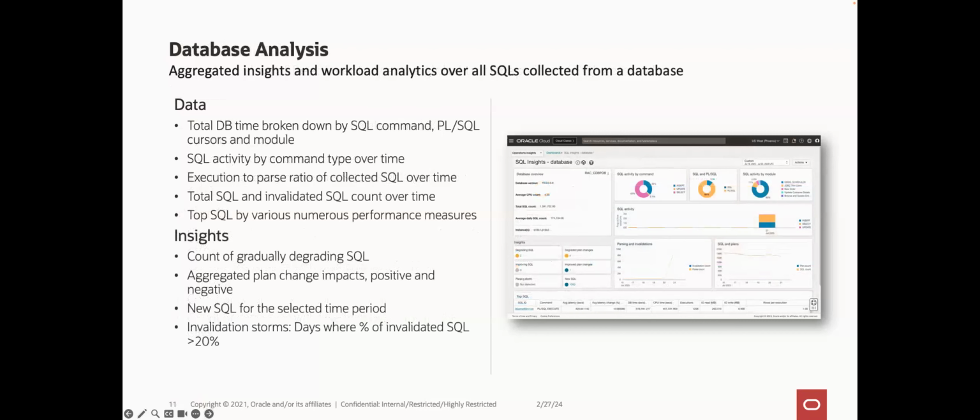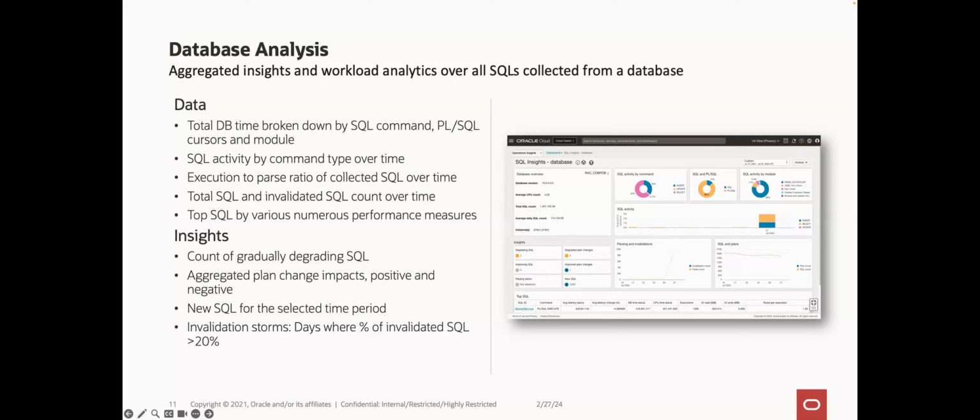We also have a database analysis dashboard, which is focused on a single database. It presents insights and a performance summary for all SQL statements collected from that database over time, right? It includes SQL activity over time, broken down by command type and module, parsing and invalidations, and top SQL by other important performance measures.